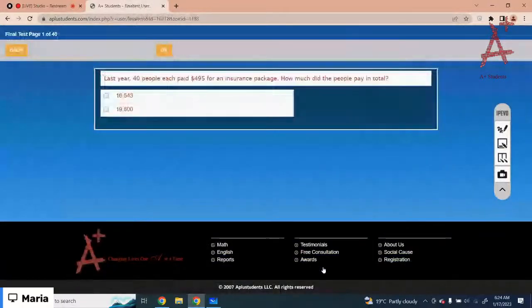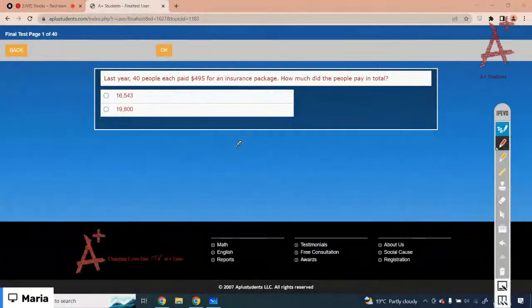Okay, last year 40 people each paid $495 for an insurance package. How much did the people pay in total? So you have to multiply 495 times 40. I'm going to multiply just the non-zero values, just multiply 495 times 4. That would be 4 times 5 is 20, 0, 2 carry. 4 times 9 is 36, and 2 is 38, 8 and 3 carry. 4 times 4 is 16, 17, 18, 19.